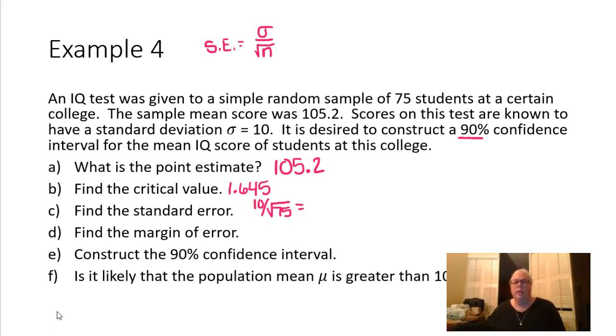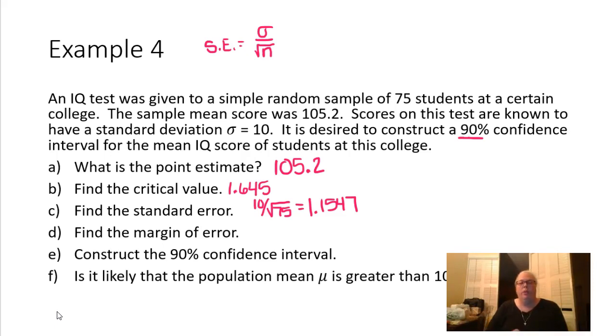Okay, let's see what that's going to give us. And that's going to give me 1.1547. There's actually some more behind that, but I told you we usually round these off to 4 decimal places, so I'm just going to stick with that.